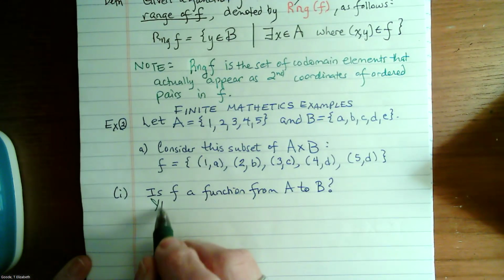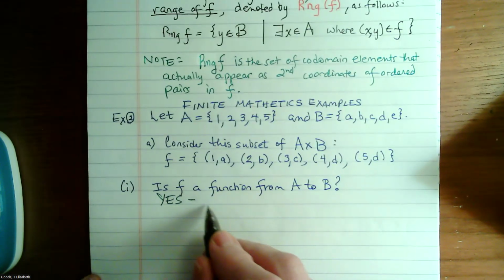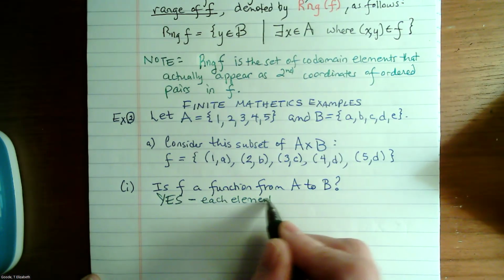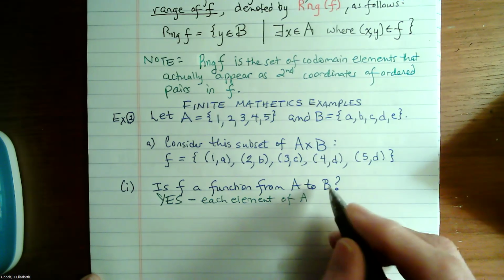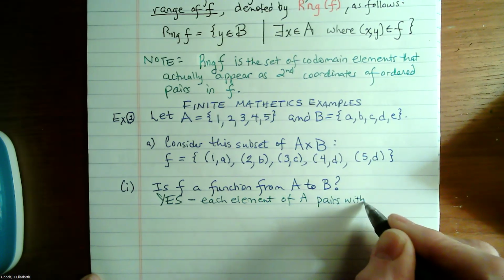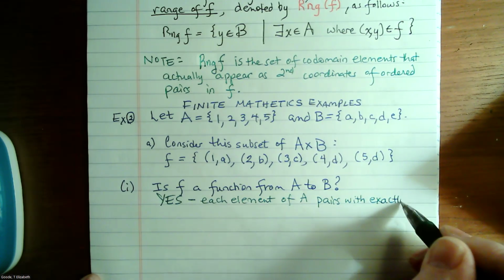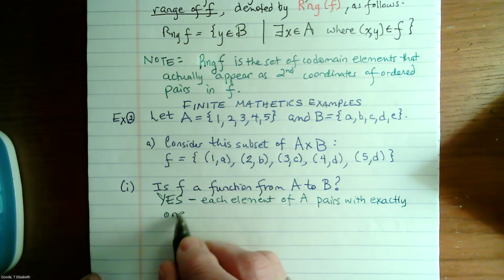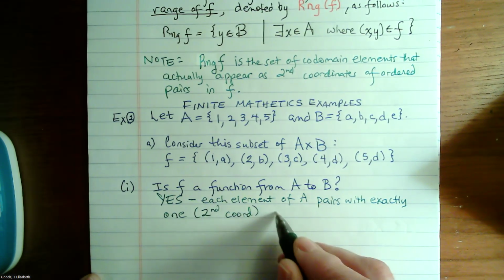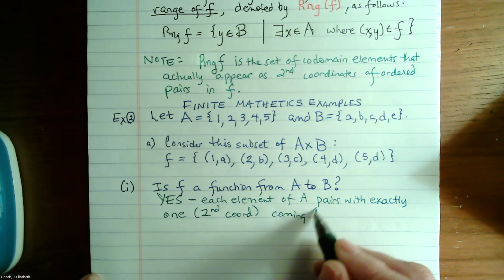So yes, each element of A pairs with exactly one second coordinate, one element coming from B.